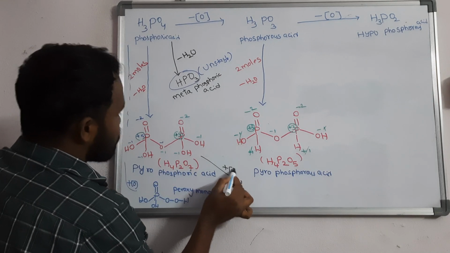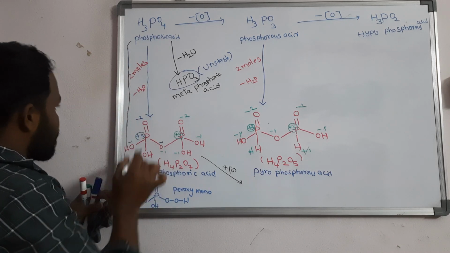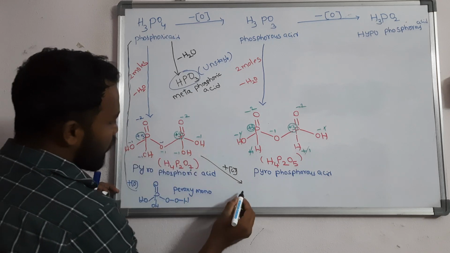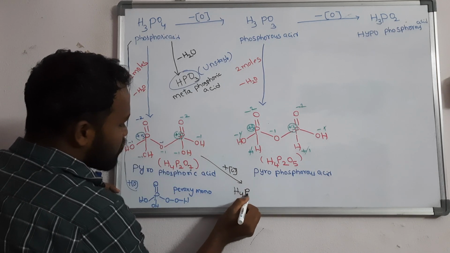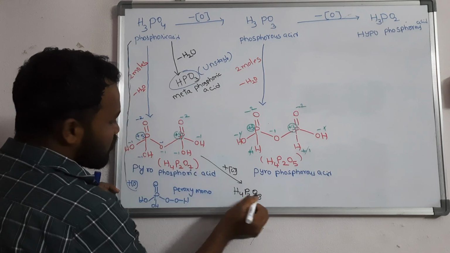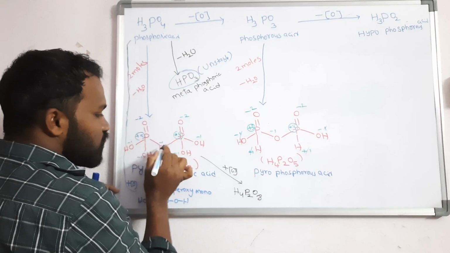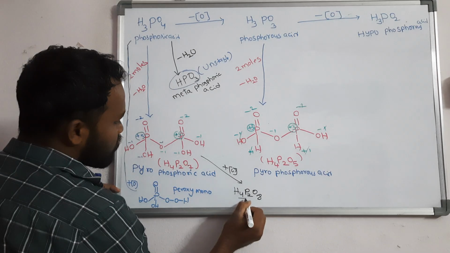From this parent oxyacid, after getting the peroxymono, you add H4 and oxygen and you will get H4P2O8. For the O8, you don't add the bond here; you should directly insert the oxygen in between the two phosphorus atoms, H4P2O8.